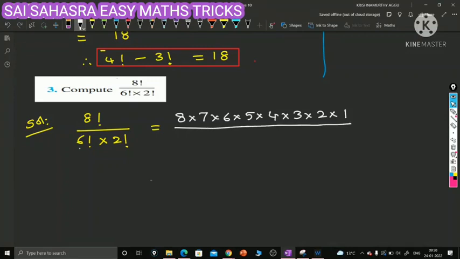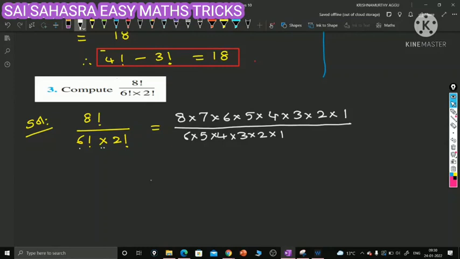Now Shantanu will tell how to write 6 factorial. Yes. So 6 into 5 into 4 into 3 into 2 into 1.